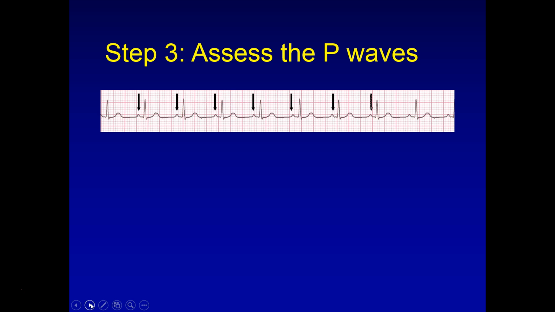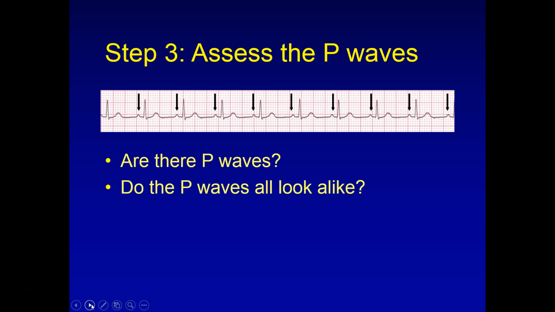Okay, step 3, we're going to assess the P waves. And the first question we're going to ask is, are they there? That's important. And do they all look alike? This is a concept that seems relatively simple, but in practice I find nurses have trouble applying it. The way I like to describe this is that whenever a wave shows up on your EKG strip, they're like fingerprints.